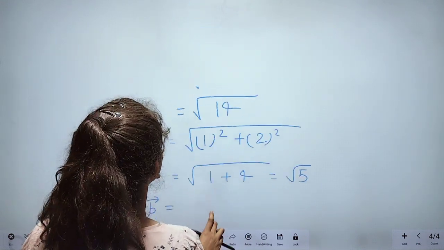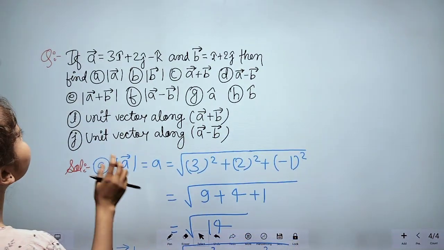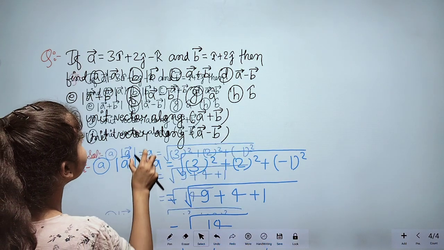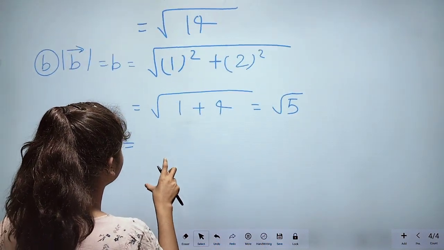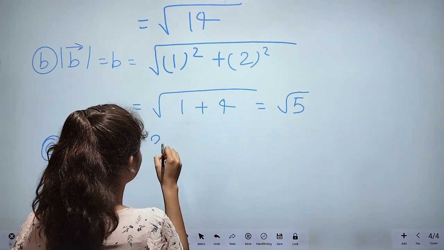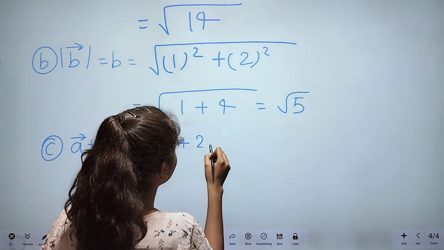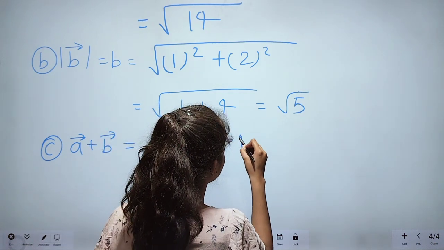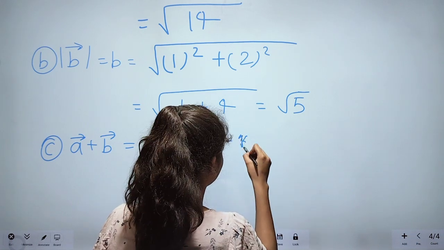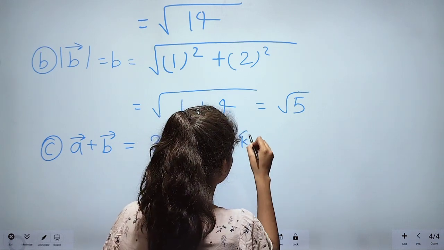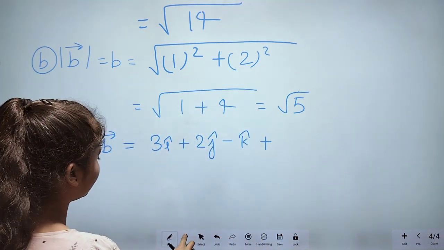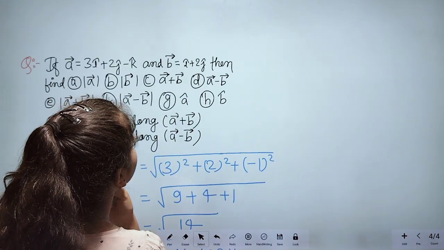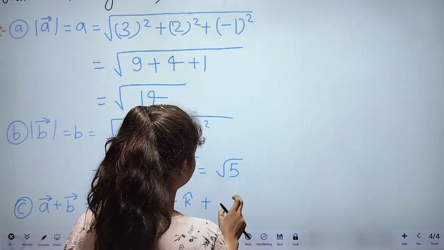In A vector we have 3i cap plus 2j cap minus k cap, and in B vector we have i cap plus 2j cap.